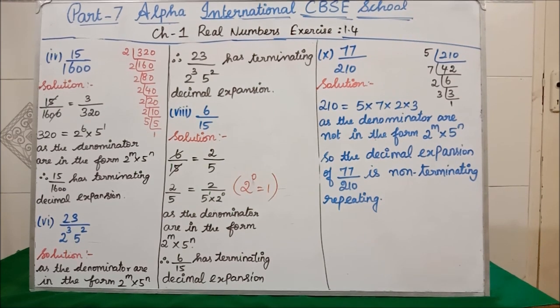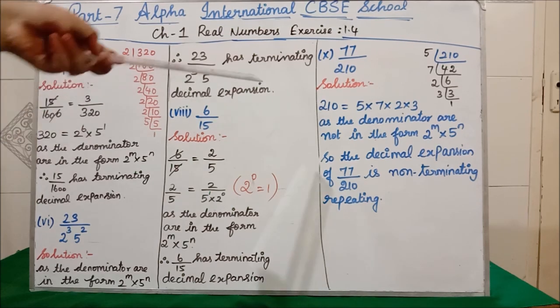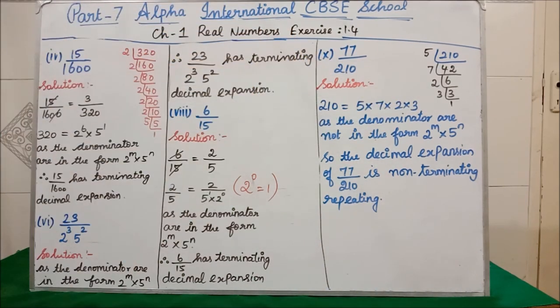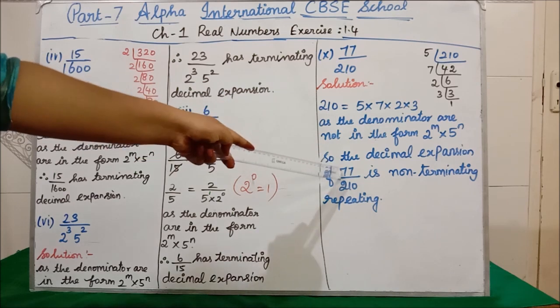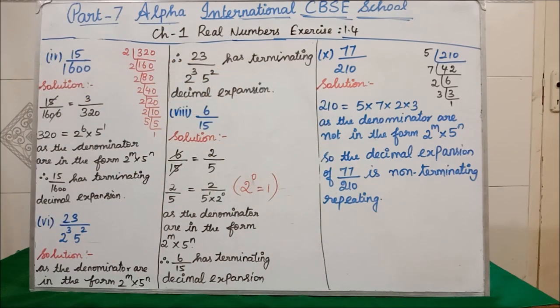Okay, so if you see whether it is coming 2 power m into 5 power n, we are getting 2 and 5, but we are getting extra 7 and 3. We should not get that. So we have to write as the denominator is not in the form 2 power m into 5 power n. So the decimal expansion of 77 divided by 210 is non-terminating repeating.